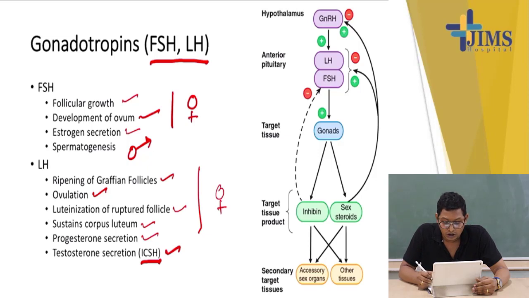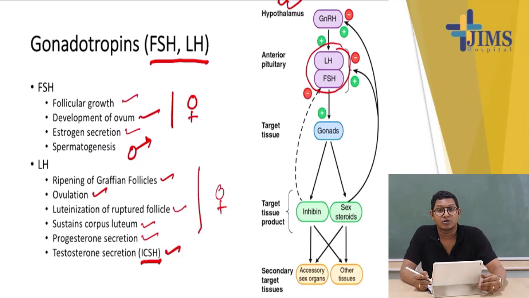Release of these gonadotropins, that is LH and FSH, in the pituitary is governed by the hypothalamus by GnRH, gonadotropin releasing hormone, which is stimulatory to the pituitary. The hypothalamus secretes gonadotropin releasing hormone which stimulates the pituitary to release FSH and LH.